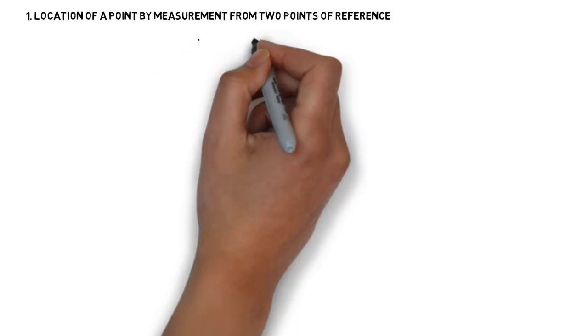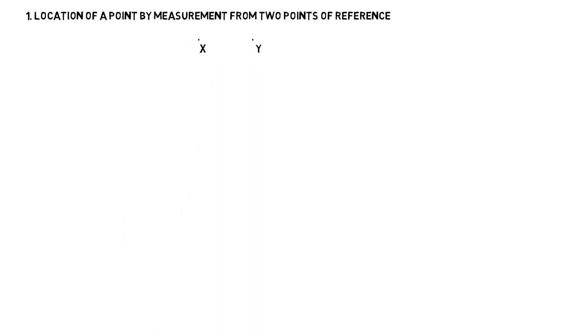Let us consider 2 points, X and Y, the two reference points whose position is fixed. The distance XY can be measured accurately and the relative position of X and Y can be plotted on a sheet using some scale.